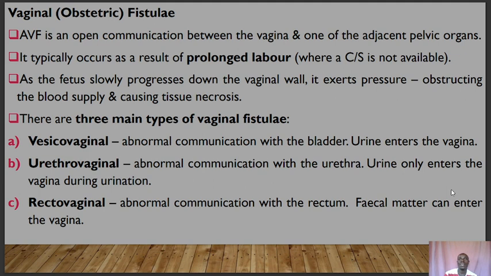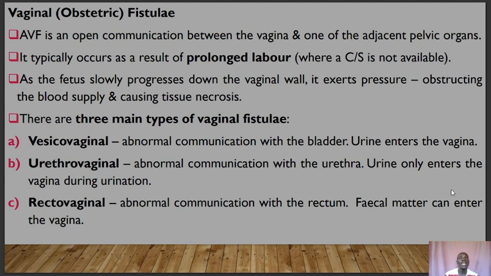So one of the striking features of this kind of problem is that urine will be entering the vagina when you are urinating. That makes it a classic sign for the ureterovaginal fistula.